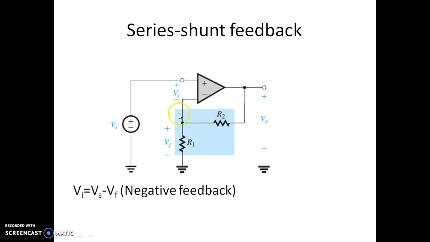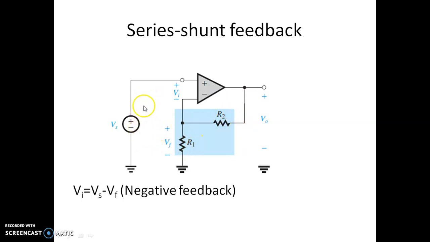We will see an example of this series shunt amplifier. So this is a very basic amplifier. Here you can see this is a non-inverting amplifier. If you carefully notice, we have an input voltage Vi here, this is Vi plus minus, this is output voltage, a portion of it is being sampled. The sampled voltage is V0 into R1 by R1 plus R2, this is VF.